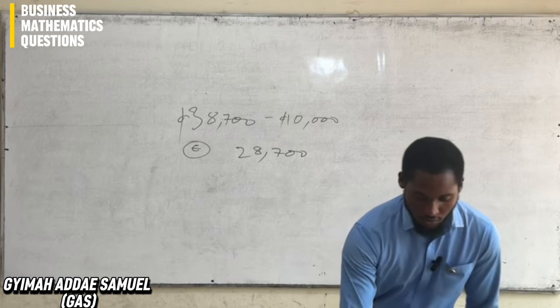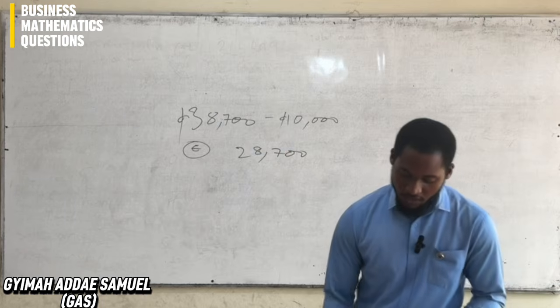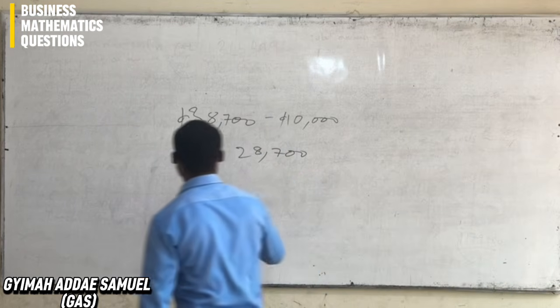We move on to question two. It says, how much commission will a staff make if she makes a sale of 57,000 and had a return of 15,000? So the sales given is 57,000.